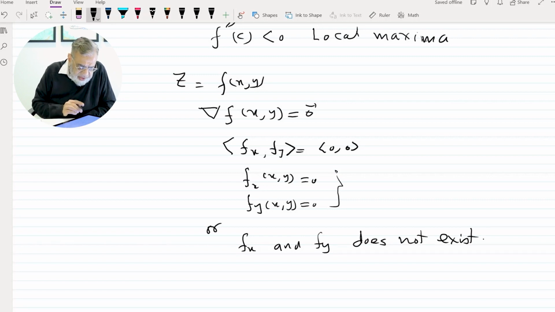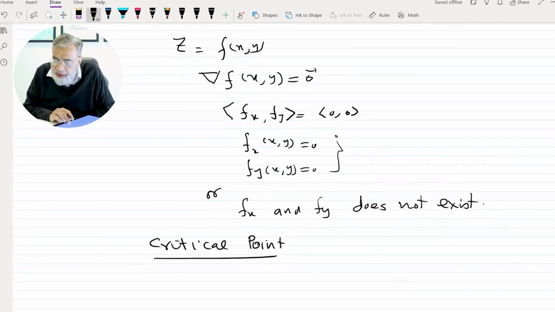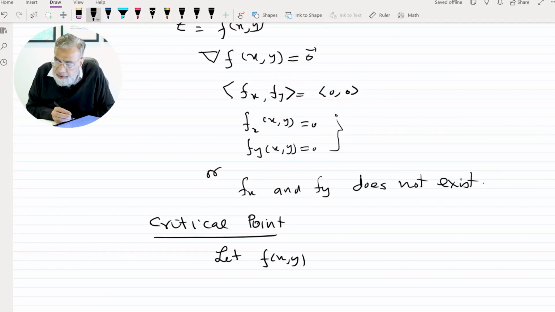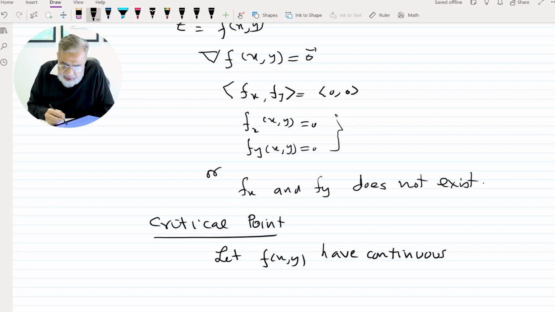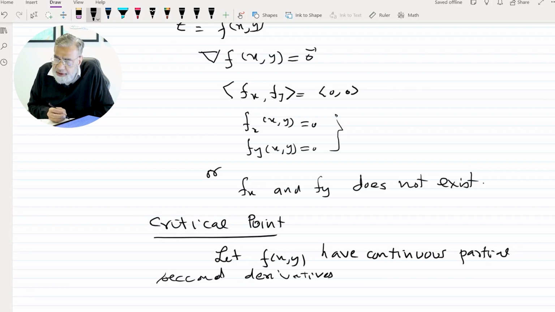So can I write the definition of the critical points? Let f(x,y) have continuous first and second partial derivatives. When I say second partial derivatives, it means the first derivatives always exist.